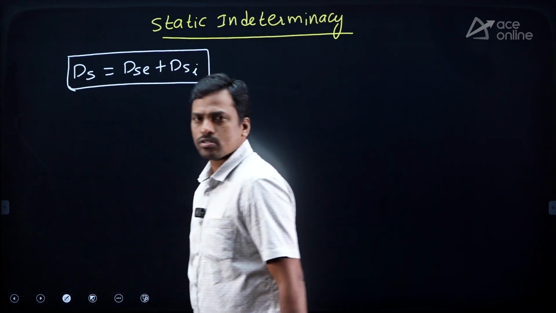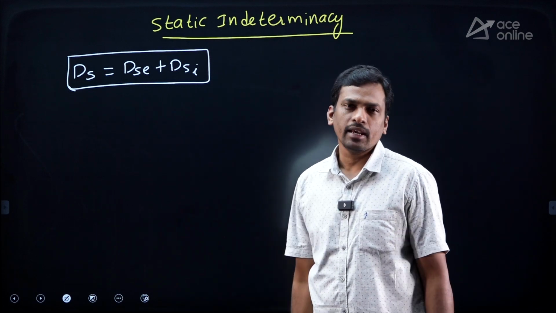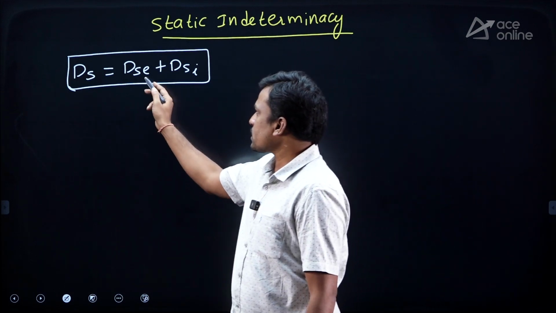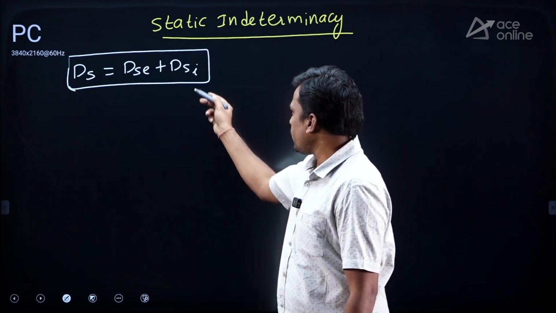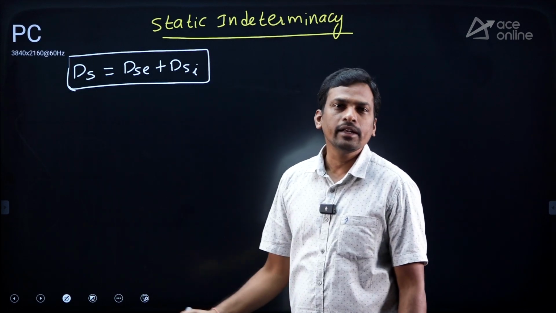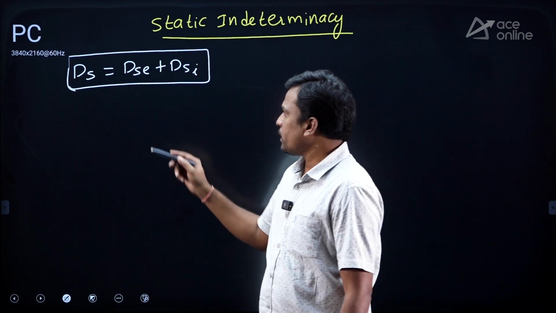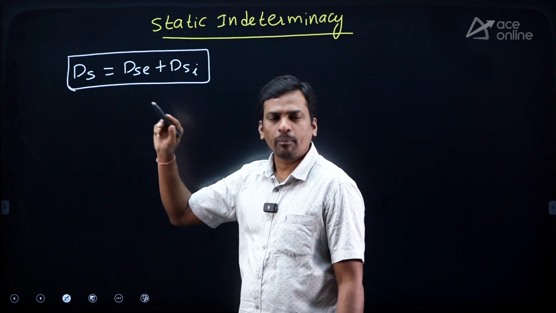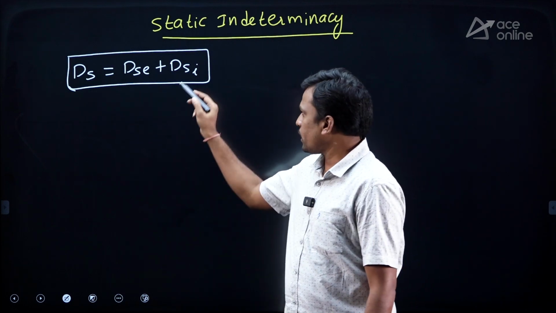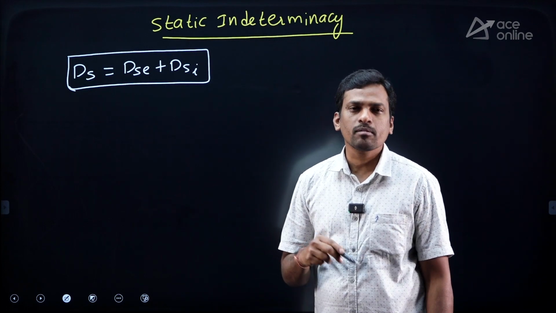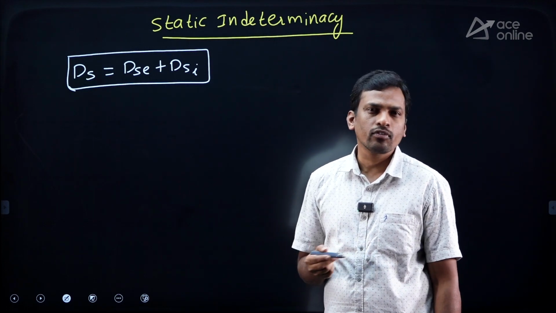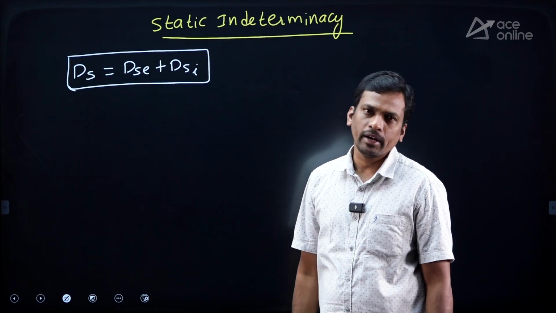What is Dse? External indeterminacy. And Dsi, internal indeterminacy. I told you Dse deals with support reactions and Dsi deals with internal forces, that is member forces, nothing but axial force, shear force and bending moment.